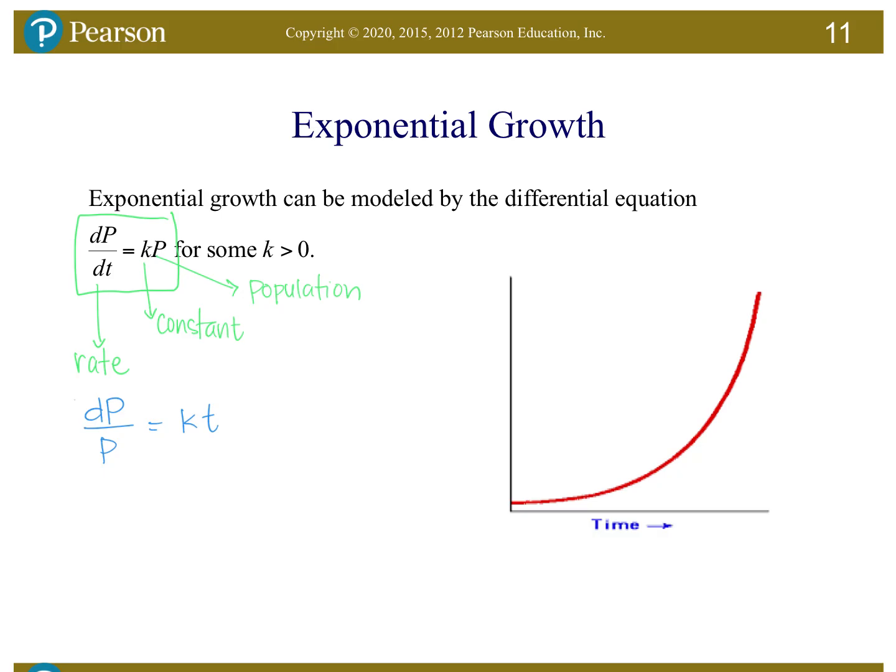When you integrate this, I'm going to skip all the work of integrating. Do you need the dt or is it just kt? Yeah, I wrote t, I meant dt, thank you. When you integrate this, you get ln absolute value P on one side, and you get kt plus a constant on the other.